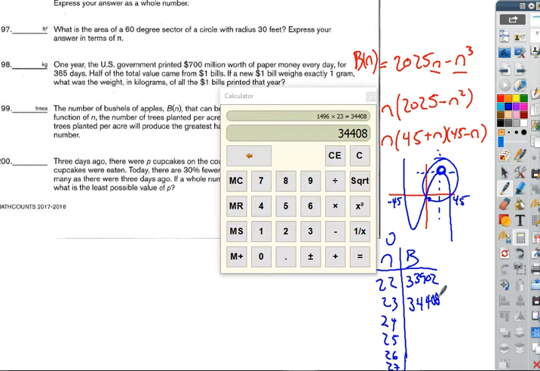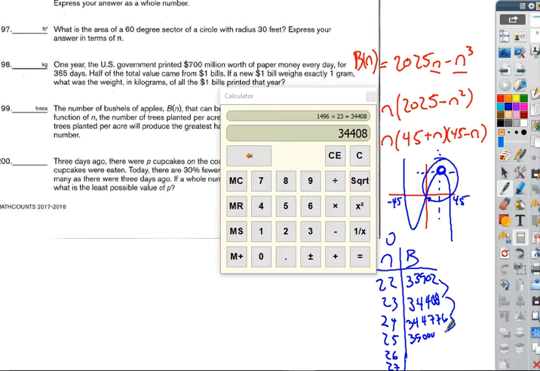So then we have 34,400,776. It's all getting bigger. Then we have exactly 35,000 bushels. And notice how the difference is getting smaller each time.